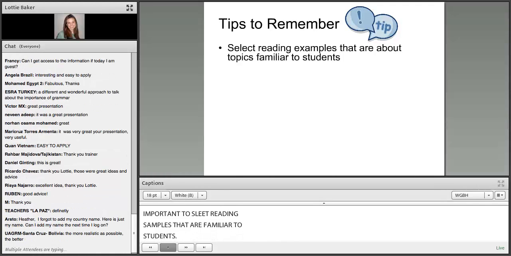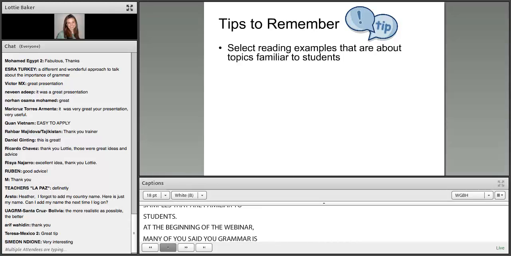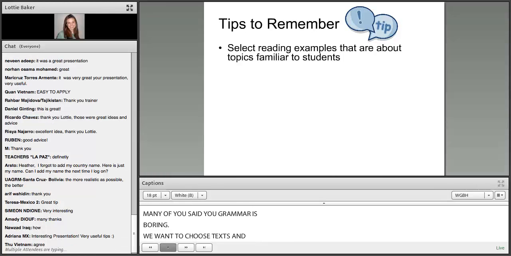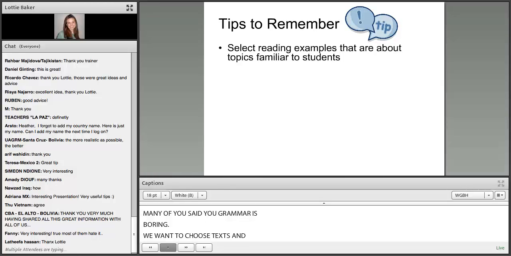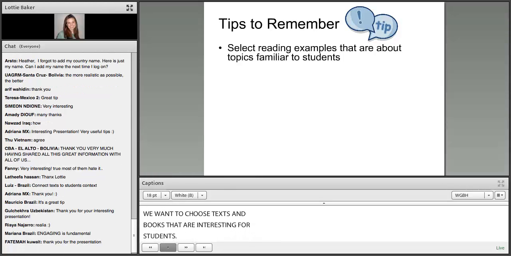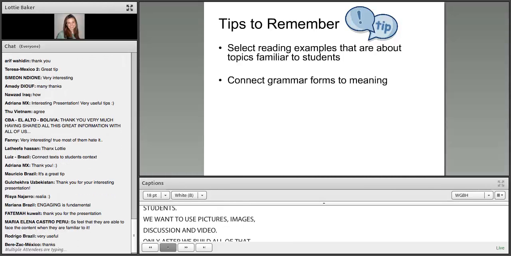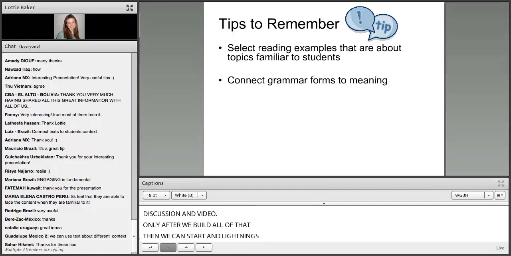At the beginning of the webinar, many of you said that students think grammar is boring. So we want to choose texts and books that are interesting and engaging for students. And if students don't have background on the topic, we want to build that background using pictures or images or discussion and video. And only after we build all of that, then we can start analyzing these sentences and looking carefully at the grammar.